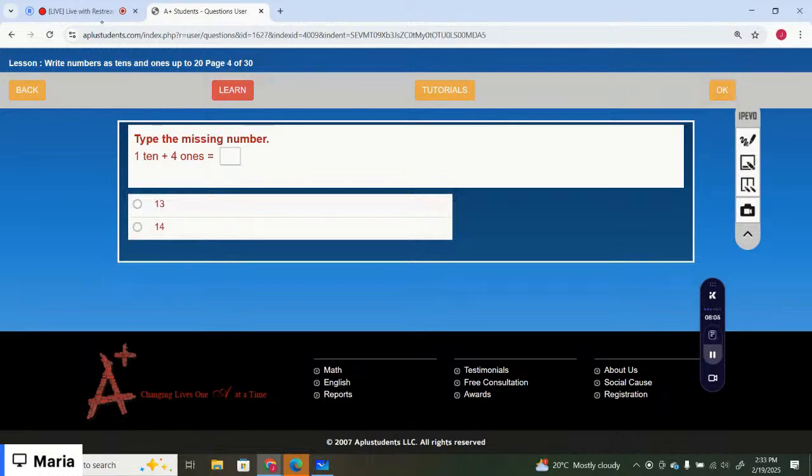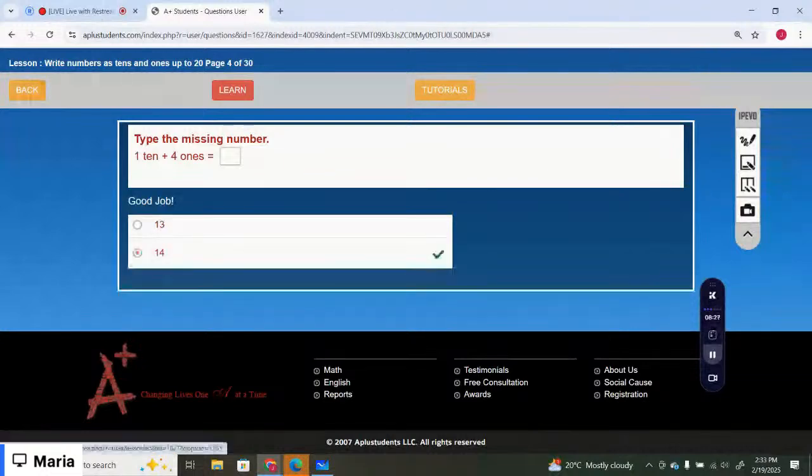Type the missing number: 10 plus 4 ones. 1 ten and 4 ones makes 14. Option number 2 is the correct option.